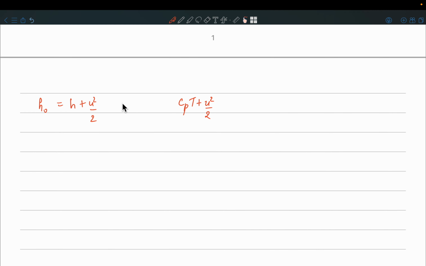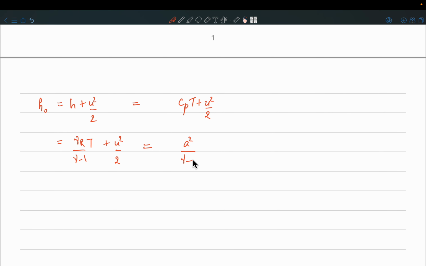This is obvious because h is equal to CpT. I'm just deriving this so that we are familiar with all these equations. You can write Cp as gamma R by gamma minus 1. And then you have this T plus u square by 2. So what is gamma RT? A square, right? So I can just take that A square out.